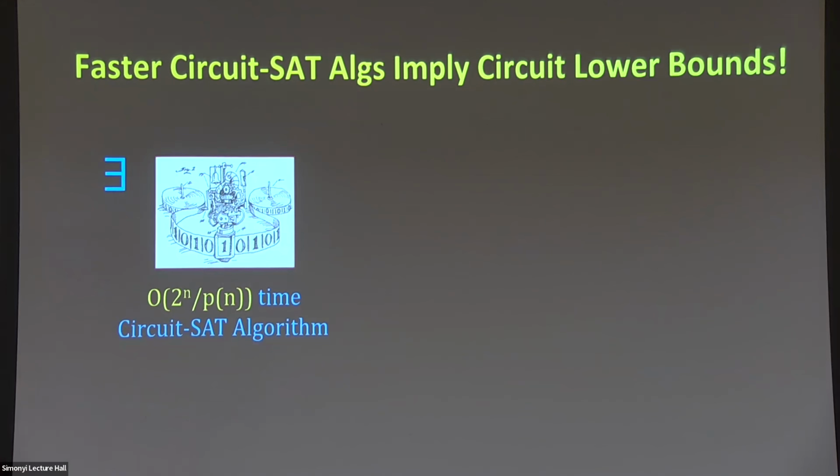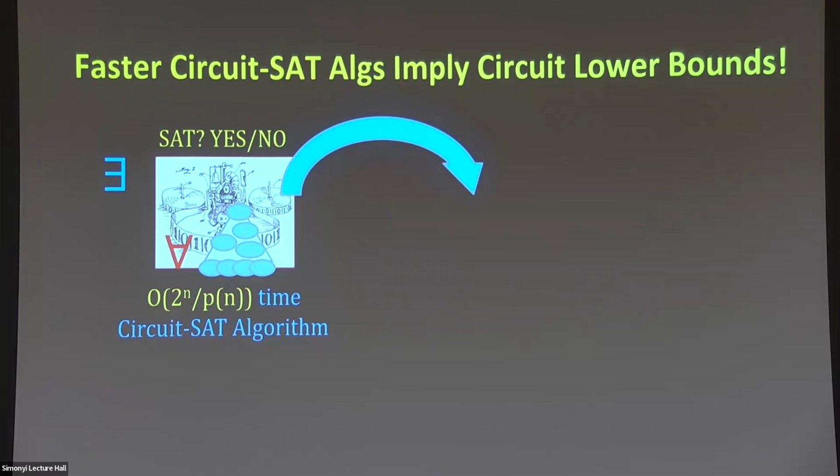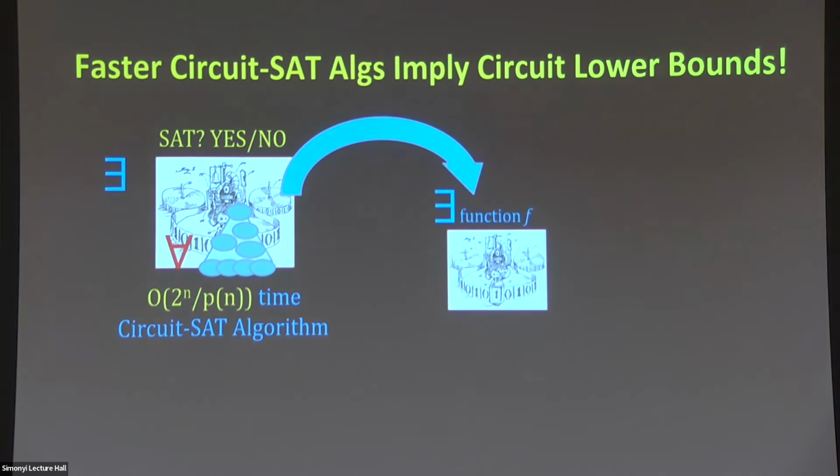Suppose that there exists such an algorithm, and for every circuit that I give it, it can correctly decide the satisfiability problem, yes or no. Given this kind of statement, I can turn it into the following statement.